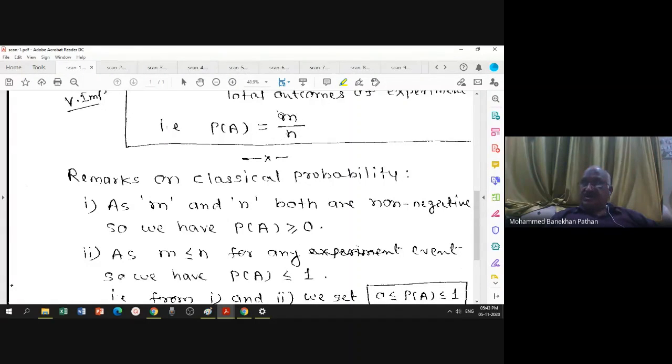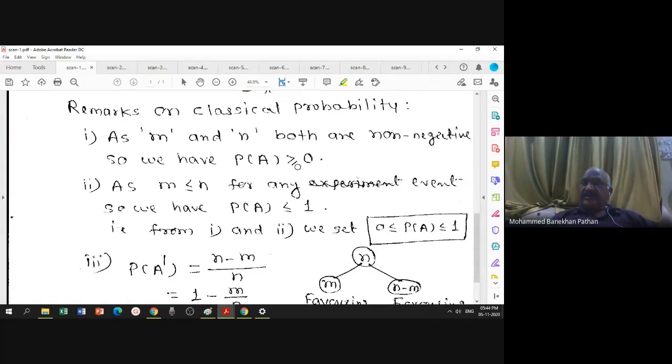There is a possibility nothing is favorable to the event. So 0 divided by this, sometime probability may be 0. And that is why first remark says calculation of probability never negative. That you have to remember.